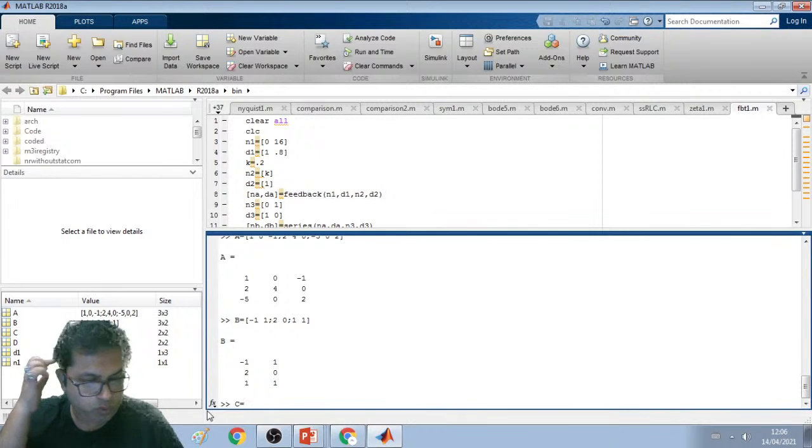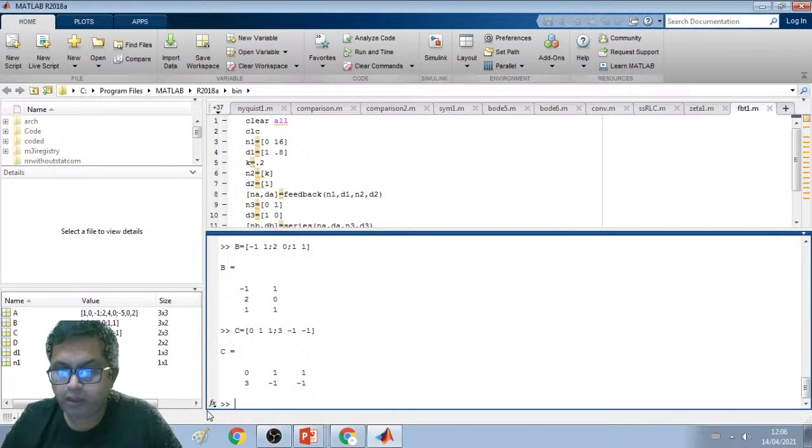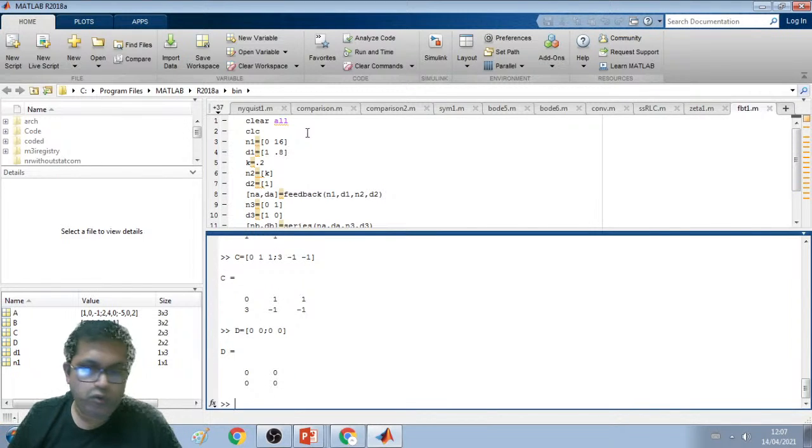C matrix is equal to [0 3 1; -1 1 -1]. What about the D matrix? D is equal to [0 0; 0 0].